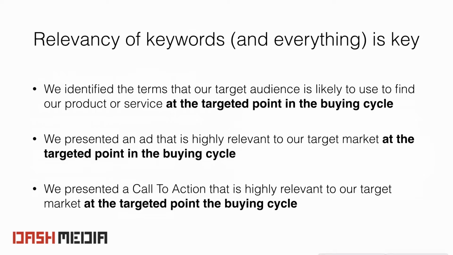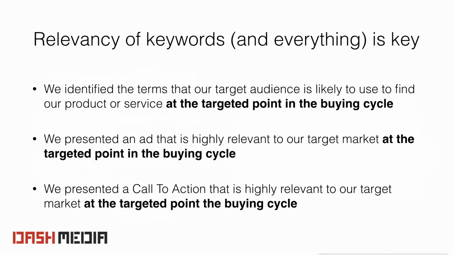So then we moved on to having a look at how our ad and our offer needs to be highly relevant to our target market at the targeted point in the buying cycle. There's that phrase again, at the targeted point in the buying cycle, because we saw that the offer and the ad, the messaging that we put in front of somebody who's in research mode is very different to the offer and messaging we put in front of somebody who's in the buying phase of the cycle.